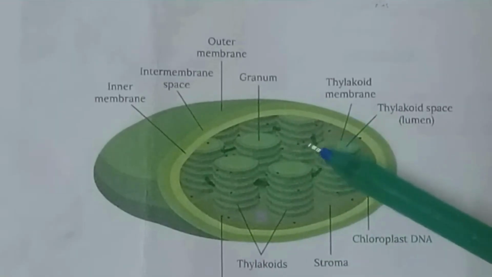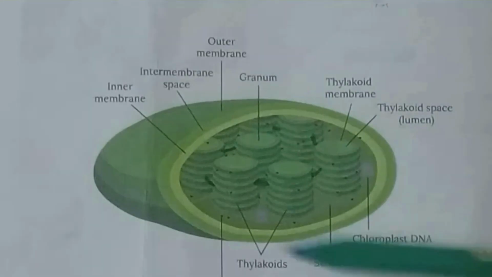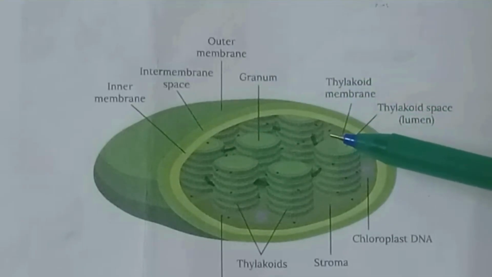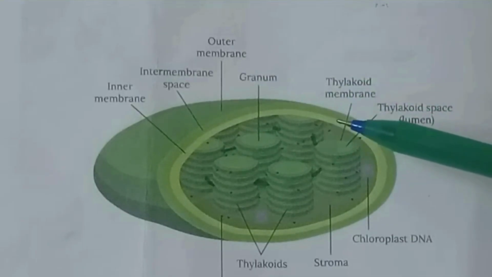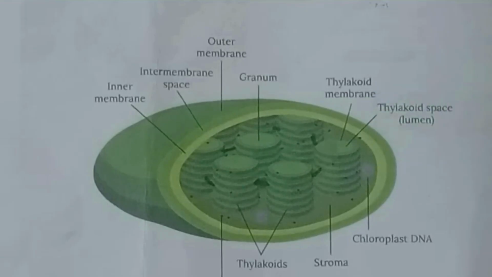These also contain starch in them. Mitochondria and chloroplasts are semi-autonomous organelles because they are capable of self-duplication, as they have their own nucleic acid like double-stranded DNA and RNA molecules, 70S ribosomes, and they also have ETS and ATP forming machinery in them.